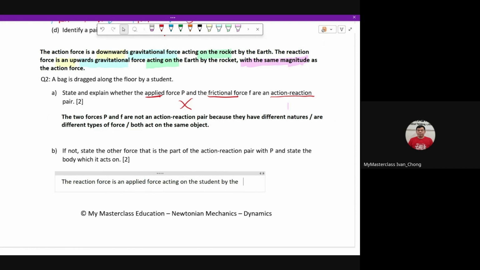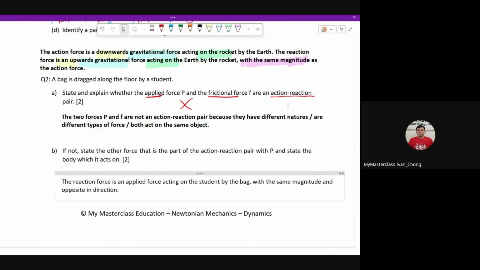The bag is now basically, if you pull the bag, the bag will pull you back as well. That's why normally when you hold a plastic bag, your hand hurts, because when you lift up the plastic bag, it is actually pulling you down as well. So this is the applied force acting on the student by the bag, and then don't forget with the same magnitude. And because this question doesn't give us a diagram, we don't know what direction this is, and opposite in direction.